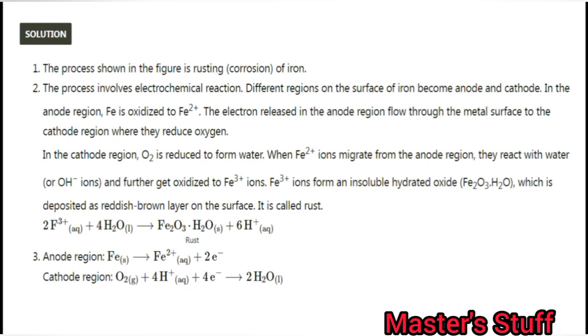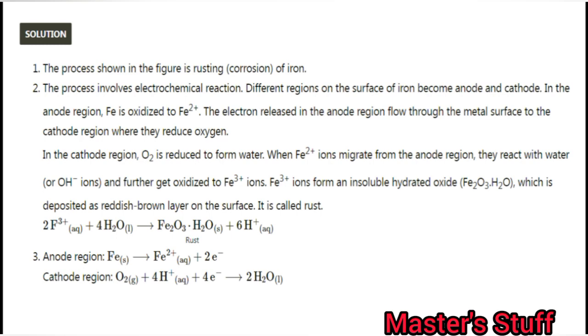The electrons released in the anode region flow through the metal surface to the cathode region where they reduce oxygen. In the cathode region, oxygen is reduced to form water. When Fe2+ ions migrate from the anode region, they react with water or OH- ions and further get oxidized to Fe3+ ions.